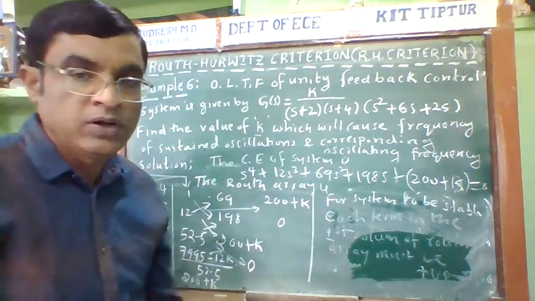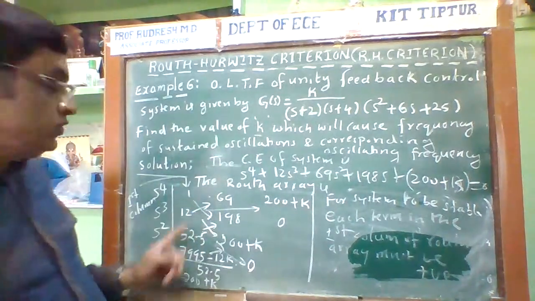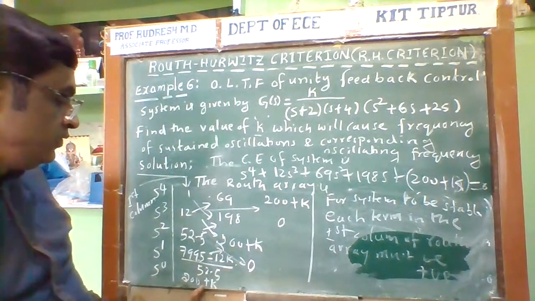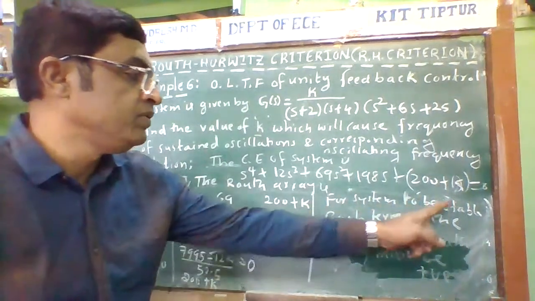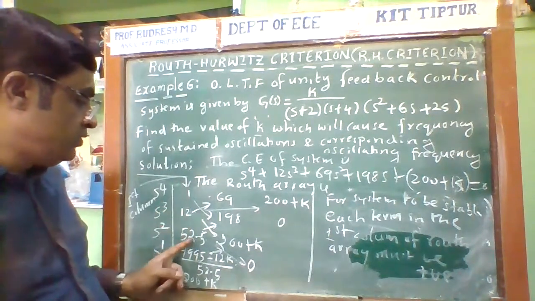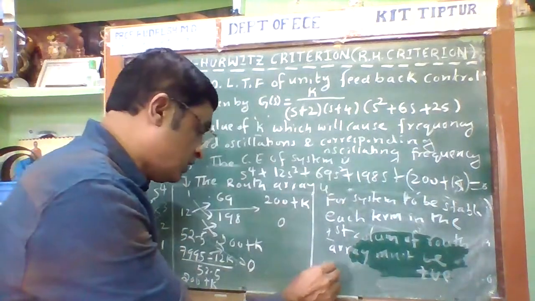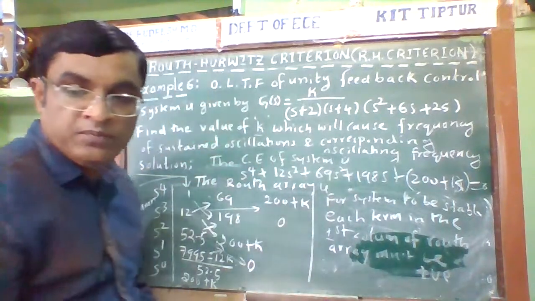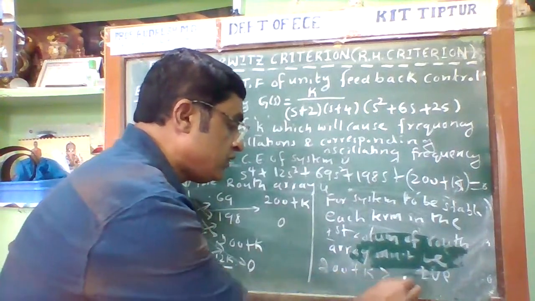For the system to be stable, each term in the first column must be greater than 0, this value must be greater than 0. Now, for the system to be stable, this 200 plus k must be greater than 0.